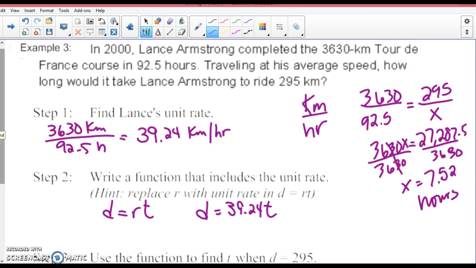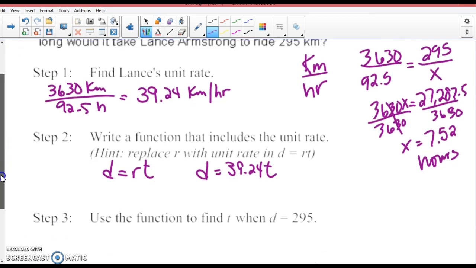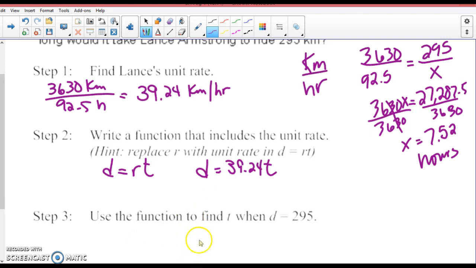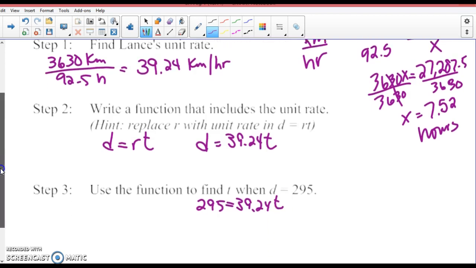Now, we want to know how long it took Lance to ride 295 kilometers. So let me ask you a question. Is 295 kilometers distance or time? So let's plug it in the distance spot. So 295 equals 39.24 times the time.